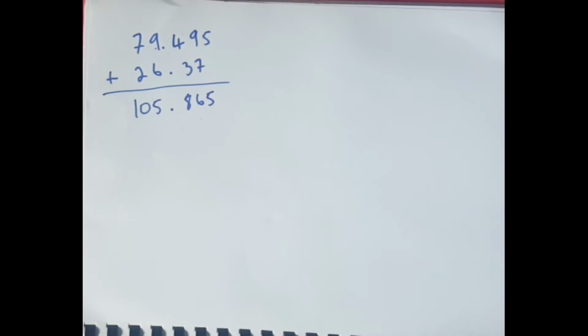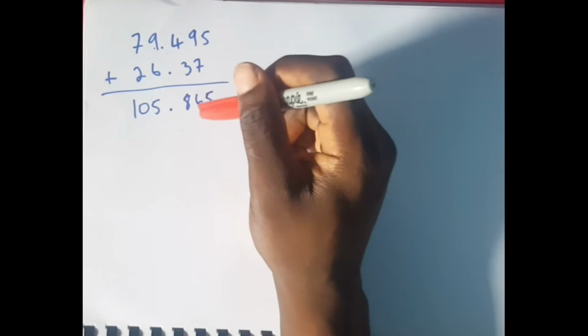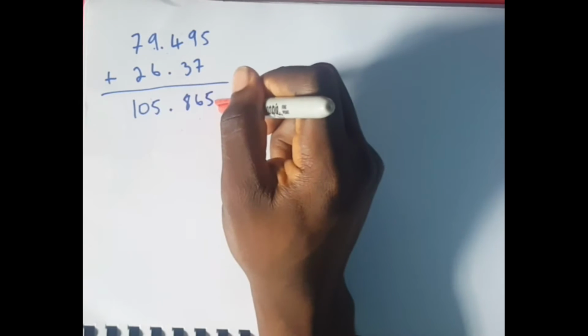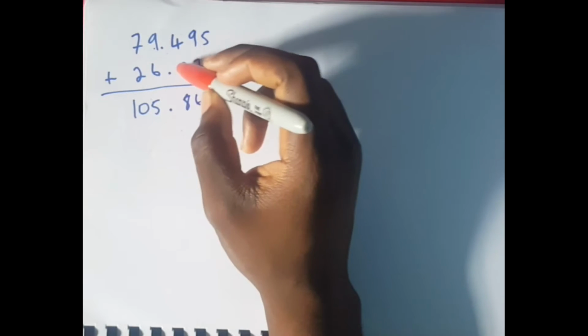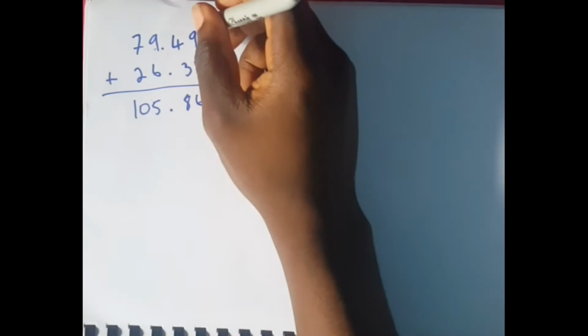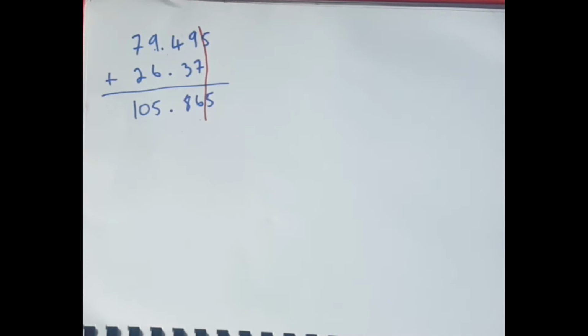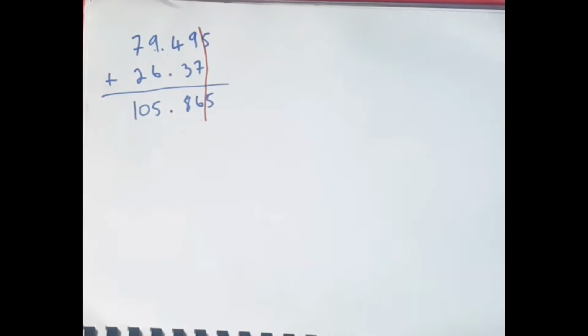significant figures. So what you would do, you would look at the number with the least decimal places, and that's the amount of decimal places you should have in your final answer. So here, this has 2 decimal places. So you could draw a line here to show that in your final answer you should have 2 decimal places.